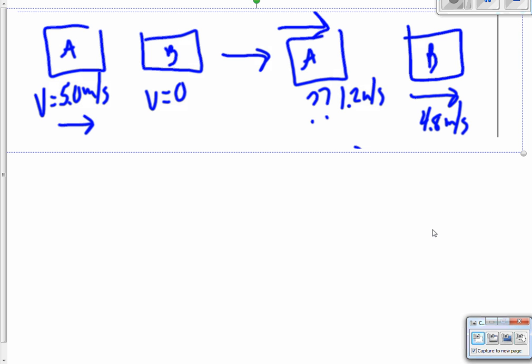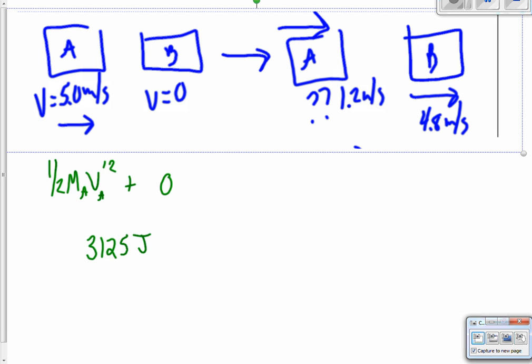So we have 1/2 m_A v_A initial squared plus 0. So how much kinetic energy do we have here? We have all the values, so we can calculate that. 0.5 times 250 times 25 gives us 3,125 joules of kinetic energy before the collision.